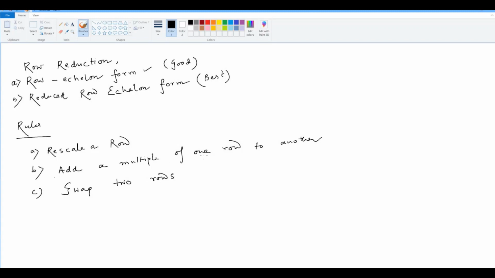These three operations are allowed, and in today's video I will explain how using these three operations you can convert any matrix into either row echelon form, REF, or into RREF.